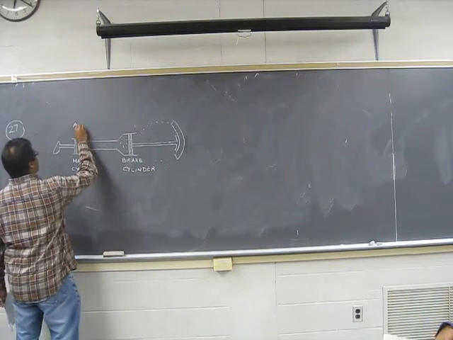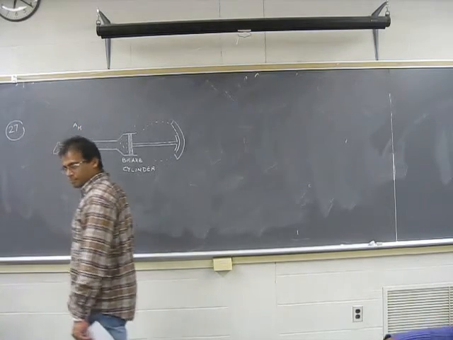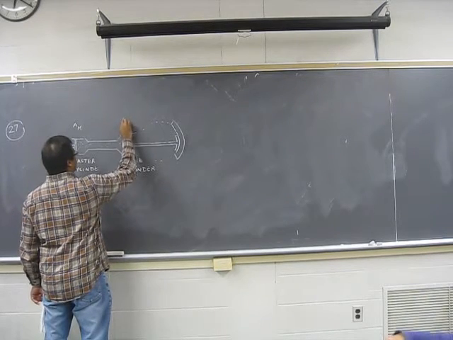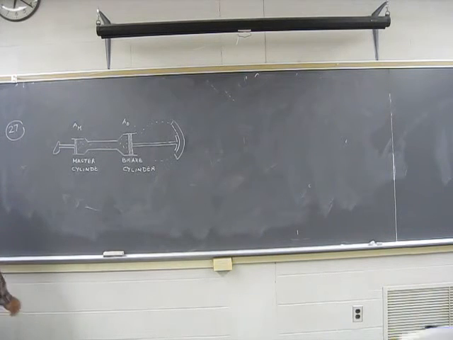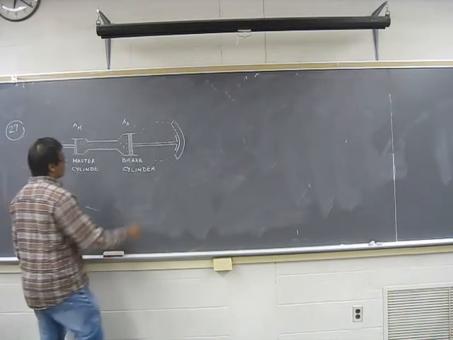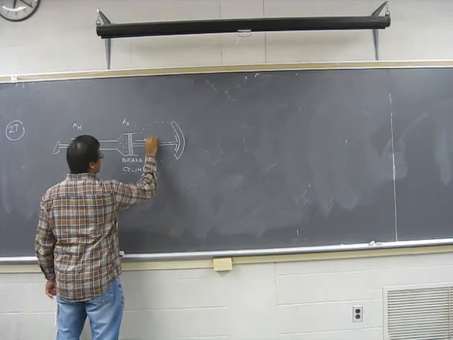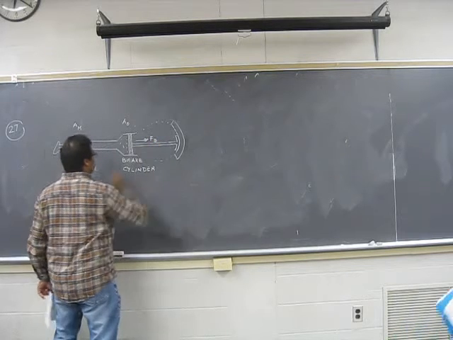And for the master cylinder, I'm going to put the area as AM, area of the master cylinder. I'm going to put here area of the brake cylinder. Now, applied force this way, I'm going to call this FB, the brake force.